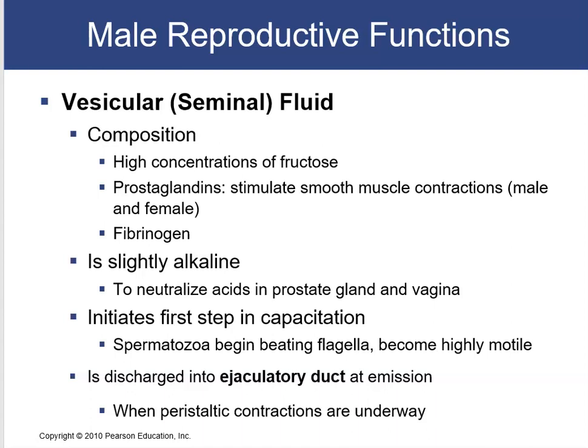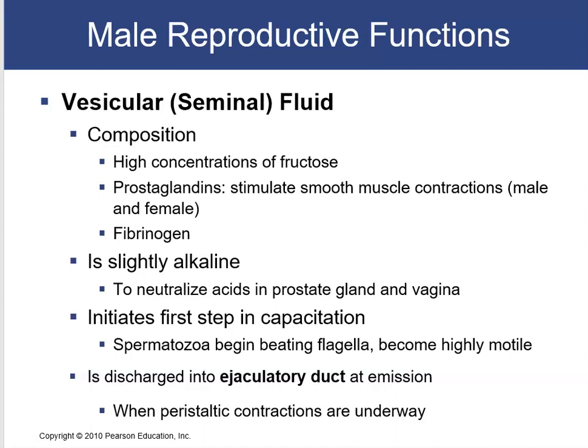It also contains fibrinogen. Fibrinogen is responsible for forming a temporary clot in the female reproductive tract. The secretions from the seminal gland are slightly alkaline. This helps to neutralize the acids in the prostate gland as well as in the vagina. These fluids initiate the first step in capacitation.